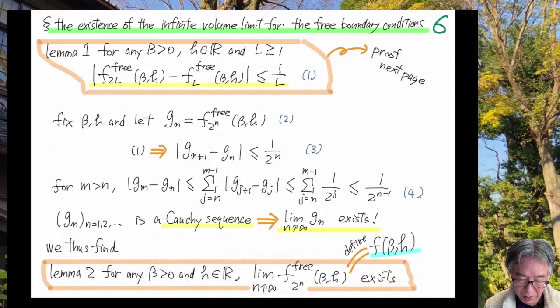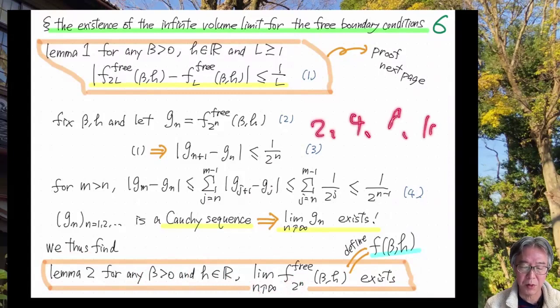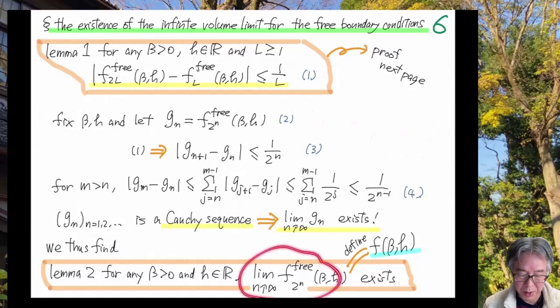Here, instead of just taking L to infinity, I'm considering the sequence of systems with system size 2 to the n and taking n to infinity. So this is a restricted form. You only consider system sizes 2, 4, 8, 16, 32, and so on. But anyway, this looks very nice. You make the system size larger and larger, and then this limit exists.